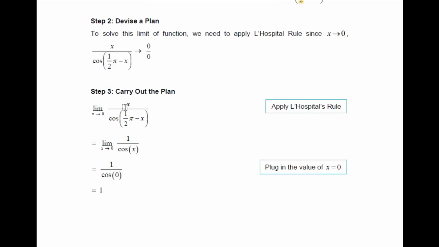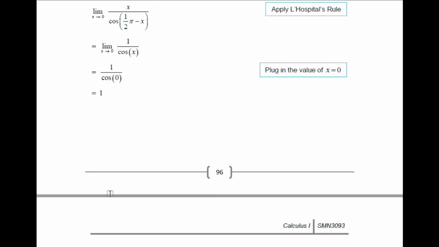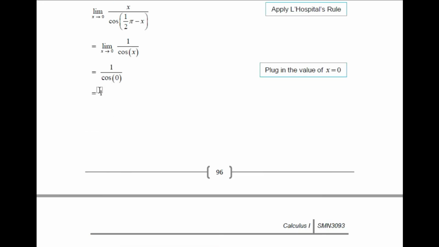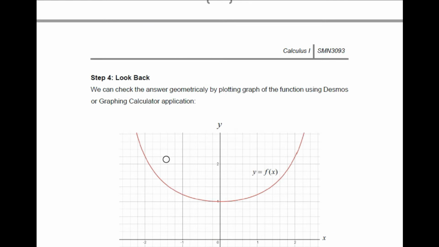When we differentiate x, we get 1, and when we differentiate the denominator, cos(π/2 − x), we get cos x. Then we plug in x equal to 0 into the function, and we get 1. So 1 is the answer for this limit.